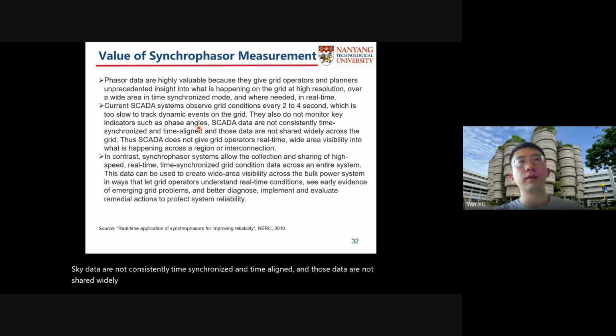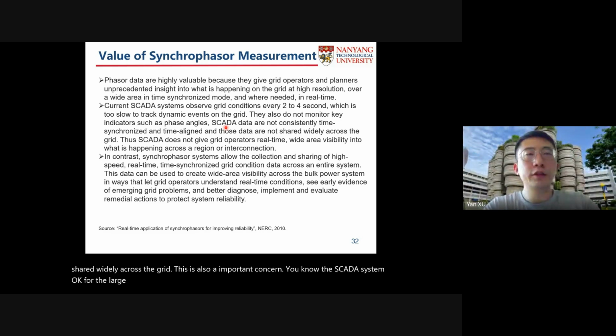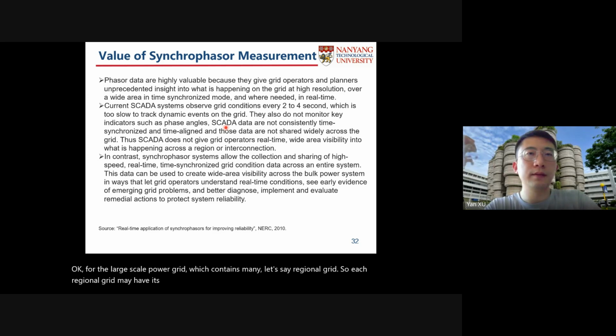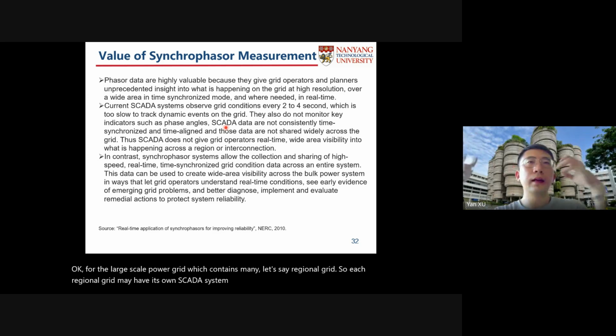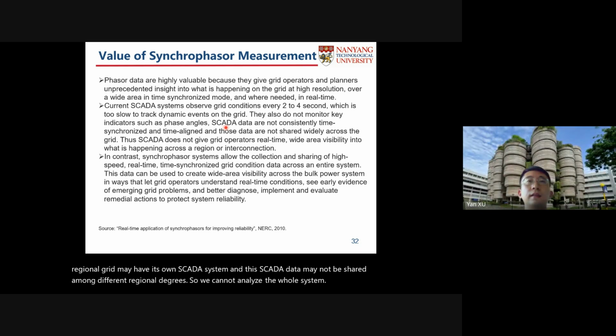This is also an important concern. A large-scale power grid contains many regional grids, each may have its own SCADA system, and this SCADA data may not be shared among different regional grids. So we cannot analyze the whole grid as an entire dynamic system.